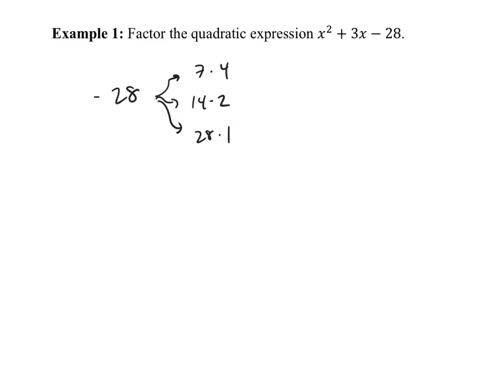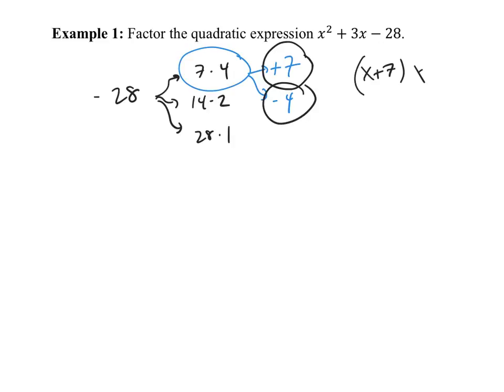I see that it's the first case, and if we think of a positive 7 and a negative 4 as our options. And again, those multiply to give you negative 28, and they add up to the middle term, which is positive 3. So this gives me my first factor term, x plus 7, and this gives me my second factor term, x minus 4.